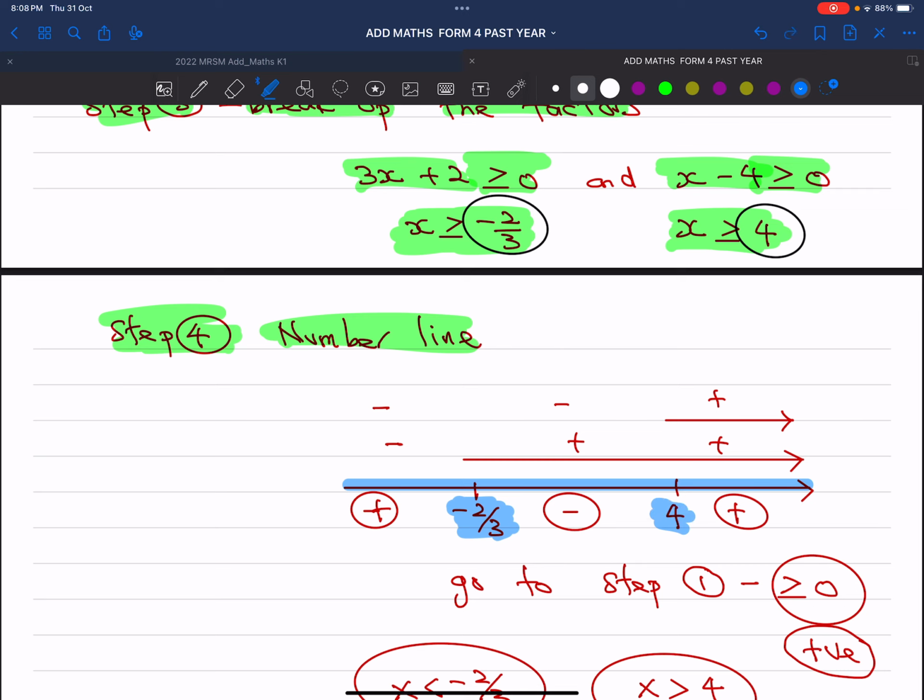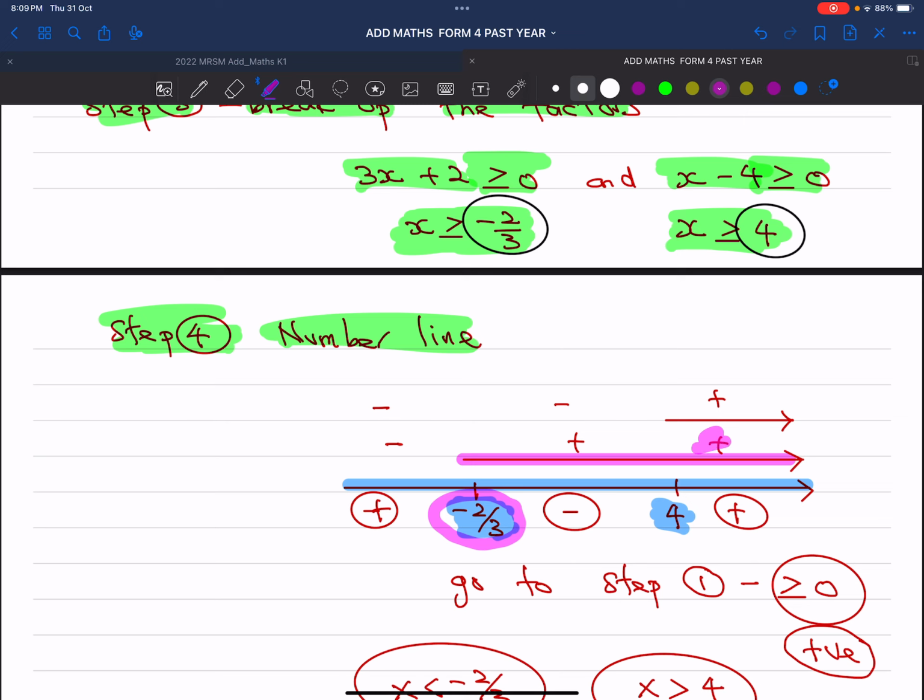Next, we are going to draw the line number. For the first one, x more than negative 2/3. This is our negative 2/3. More than, go to the right hand side. This is the line, the purple line. X is more than negative 2/3.